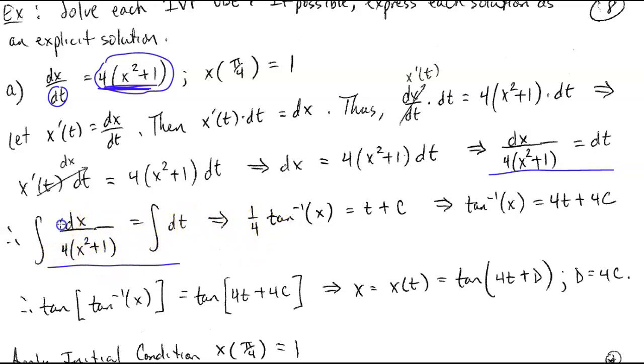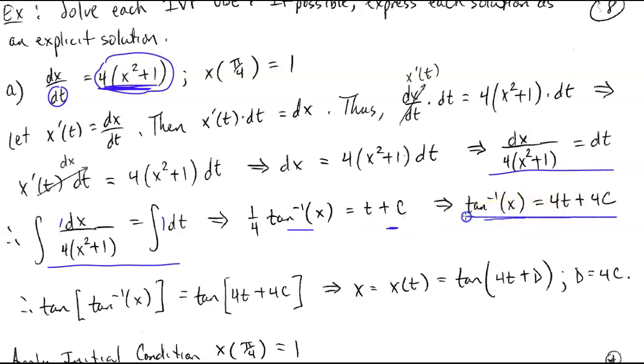Of course, there's an understood 1/4 here that I factor out, and then the integral of dx over x squared plus 1 is just arctan, or tan inverse, and the antiderivative of 1 dt is just going to be t plus some constant. And then from there, just multiply both sides of this equation by 4.